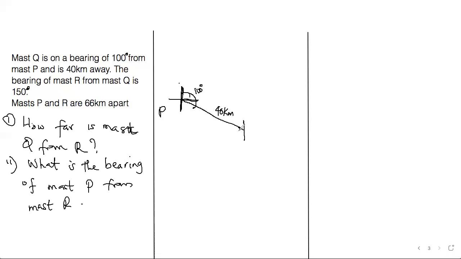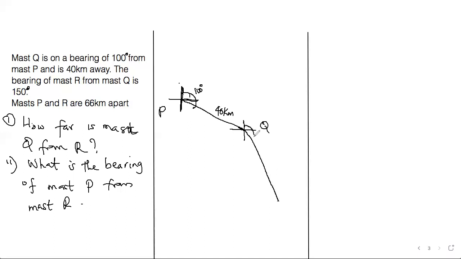This is point Q. So for the bearing of mast R from Q, there's another mast R that is on a bearing of 150 degrees from Q. So I will start at Q and measure a bearing of 150 degrees. This will be 90, then 150 should be somewhere there.